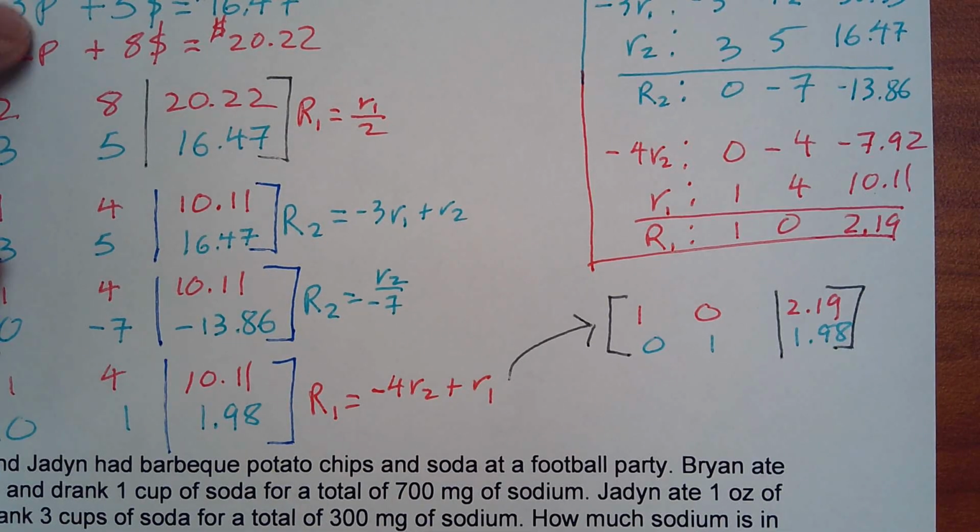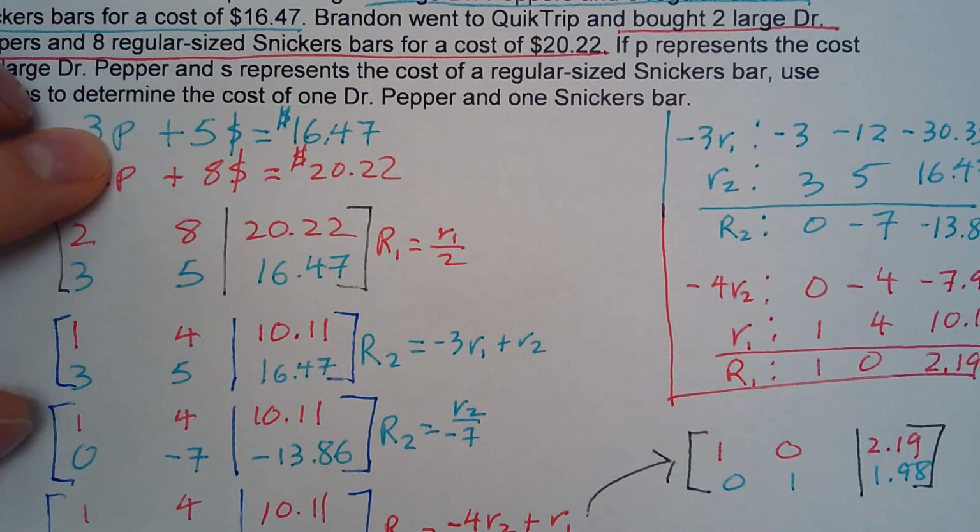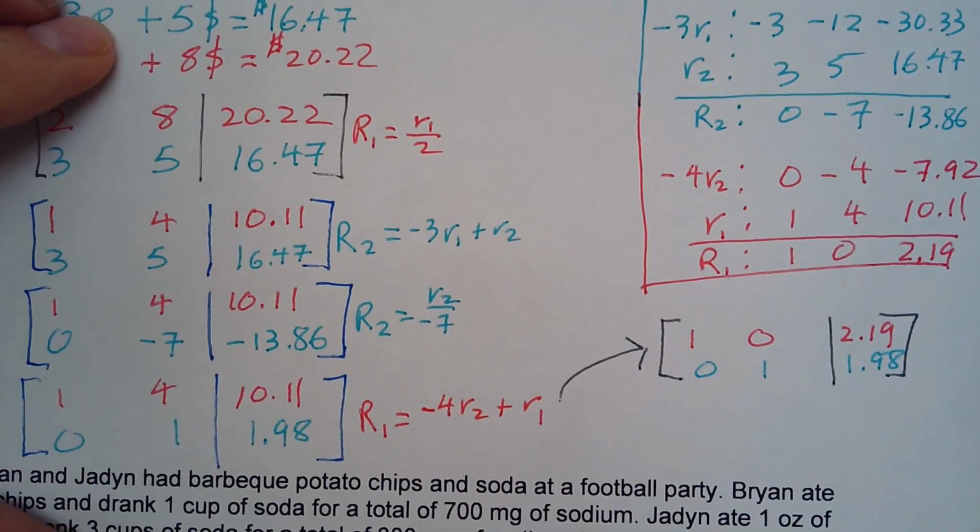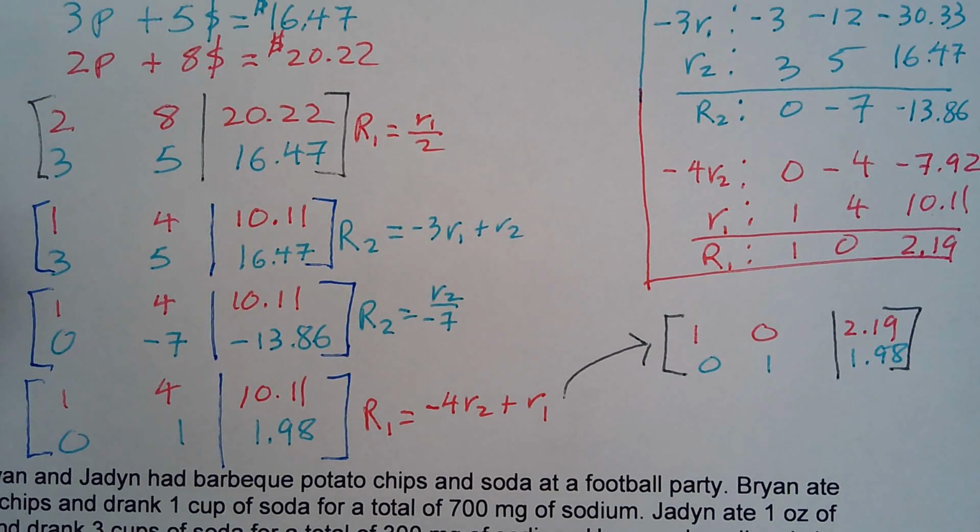So remember the first column back up here was P. That's the cost of our Dr. Pepper. S here is the cost of a Snickers bar.